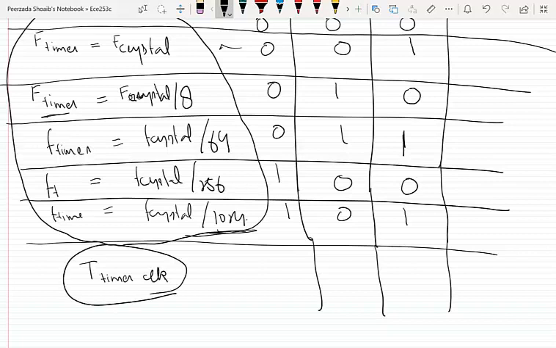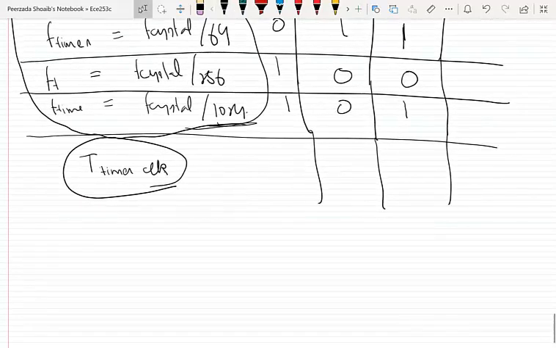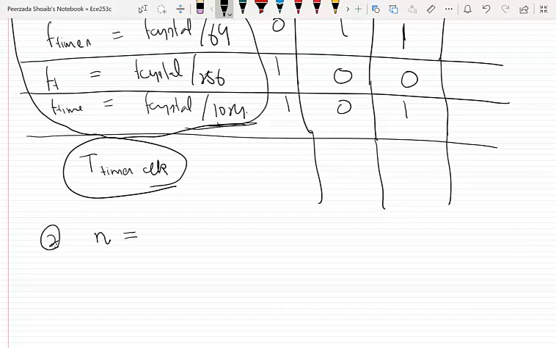So this is our first step. In the second step we will calculate an integer n that will be equal to the desired time period, T desired, how much time period we want to generate, divided by the time period of the timer we had calculated in the first step.